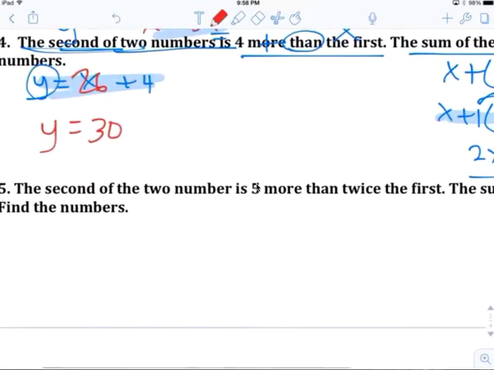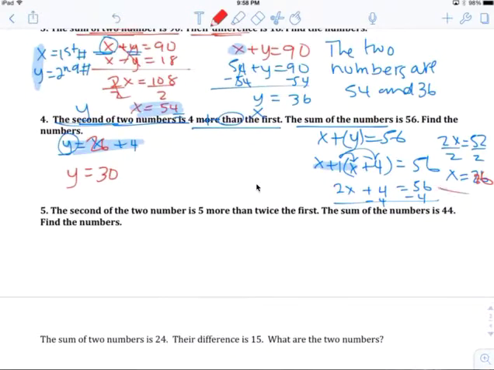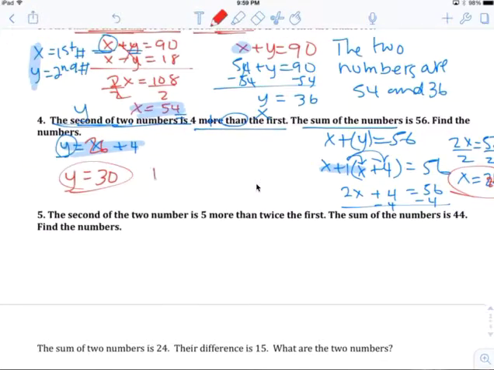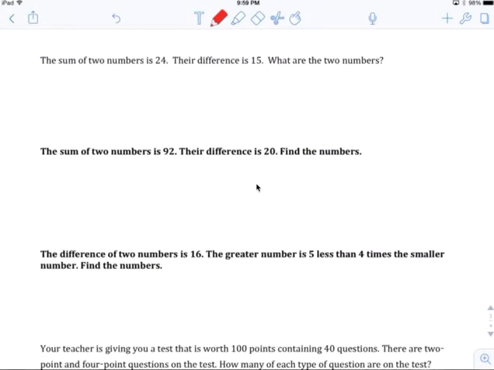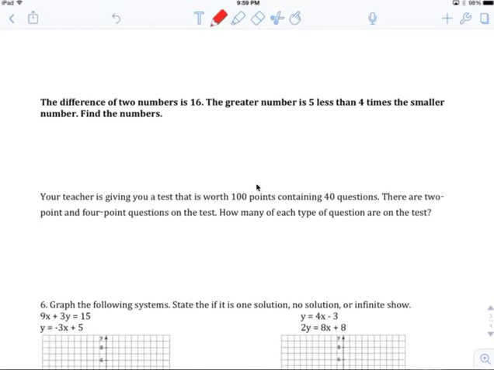The numbers are 30 and 26. Okay, that's the second one. Number 5 is the same. Try on your own. It's the same again. Try those: the difference of two numbers.